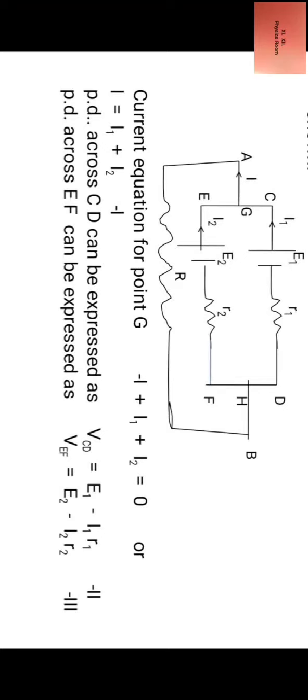Therefore VCD must be equal to VEF, or let it be equal to V. Now equation 2 and equation 3 can be written as V is equal to E1 minus I1 R1, where VCD has been replaced by V, and V equal to E2 minus I2 R2, where VEF has been replaced by V. So this is equation 2, this is equation 3. Now we have removed the suffixes.